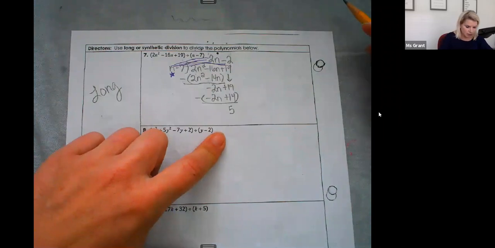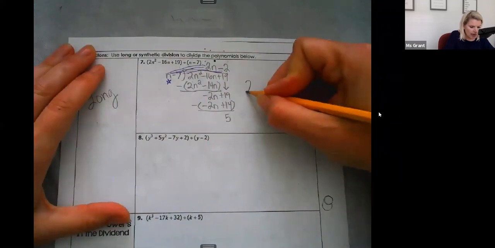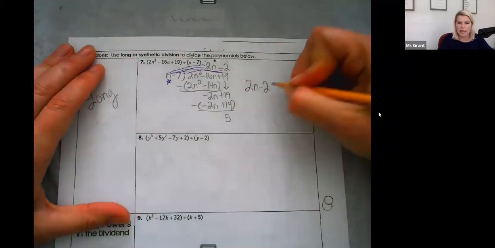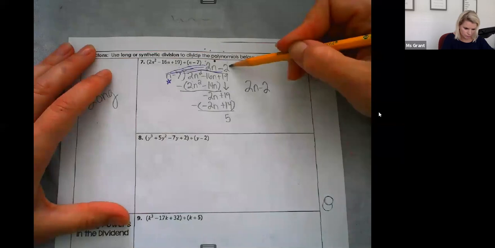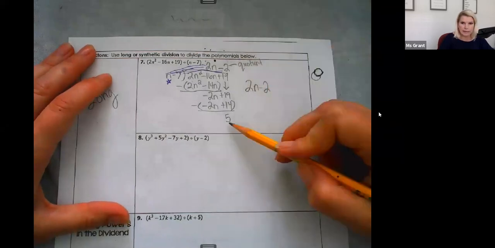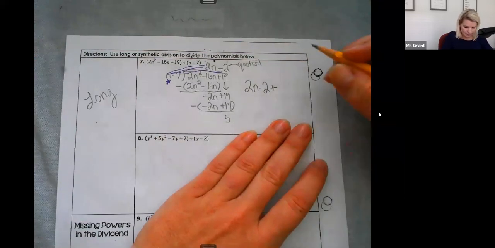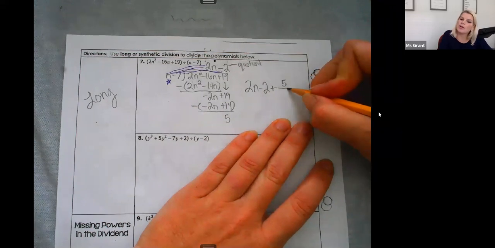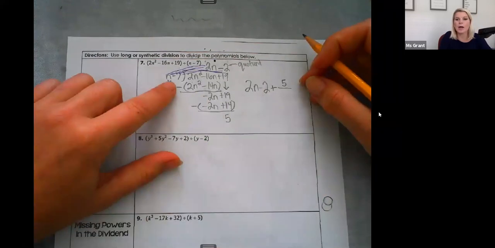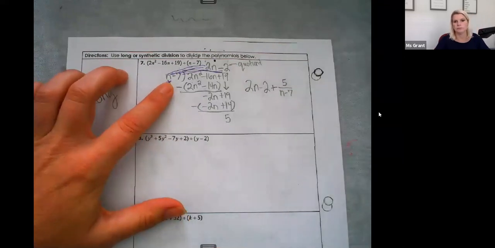So 5 is my remainder. The quotient goes in as 2n minus 2. I had a remainder of 5, so I add it and put it over what I was dividing by this whole time, n minus 7. So it's 2n minus 2 plus 5 over n minus 7.